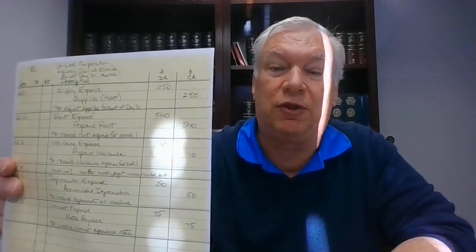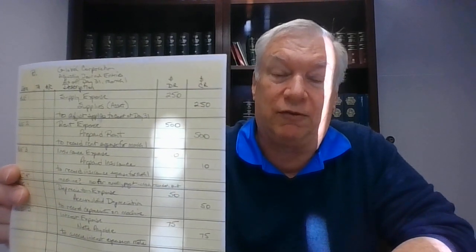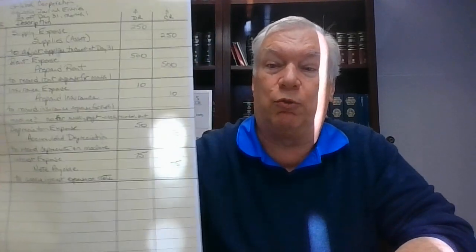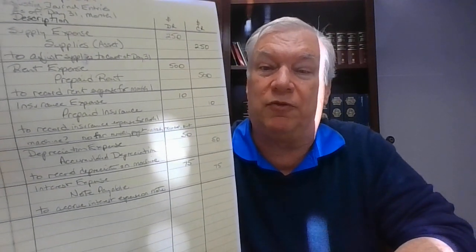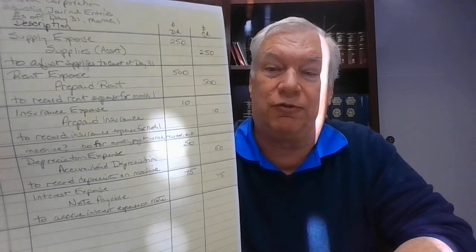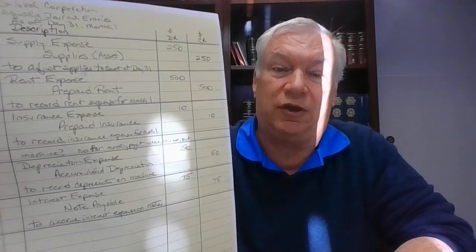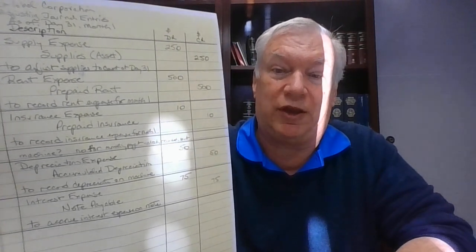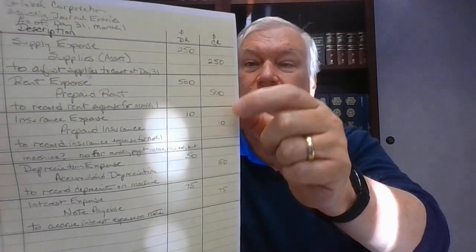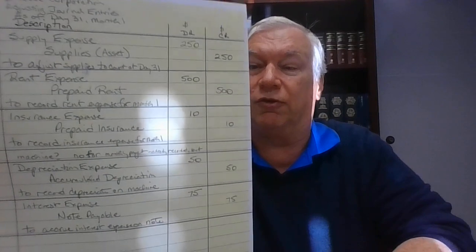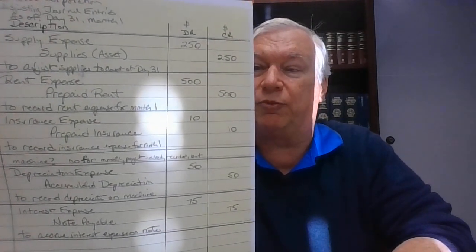It was a 6-month lease for $3,000. 1/6 of $3,000 is $500. Pretty simple math. So we're going to book rent expense that we had prepaid of $500. That's our debit entry. We're going to credit the asset of prepaid rent to reduce that asset because we've used a month on the lease.